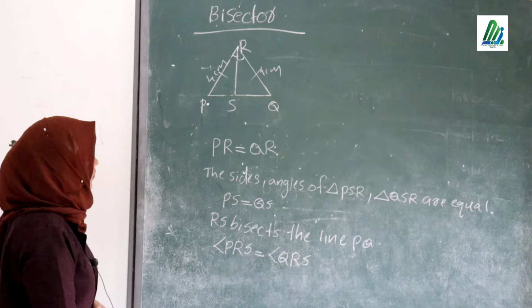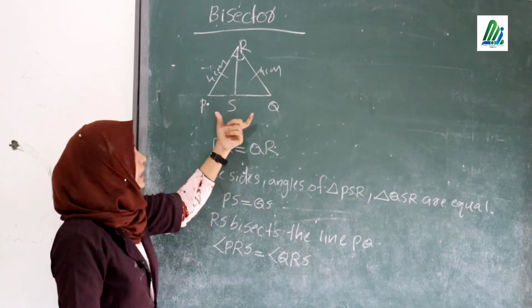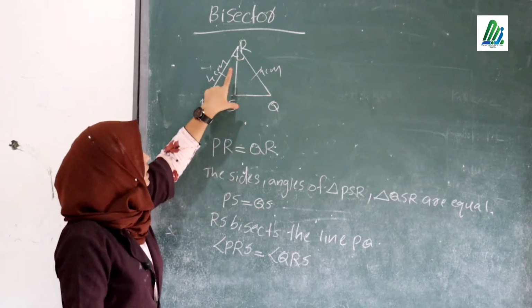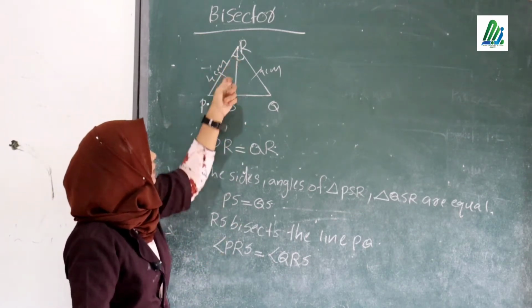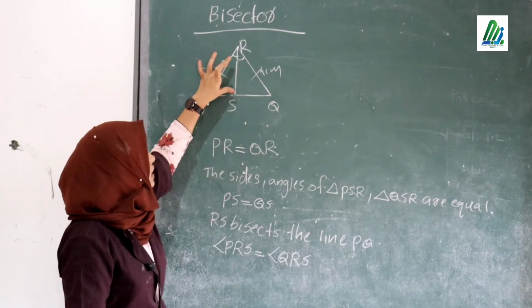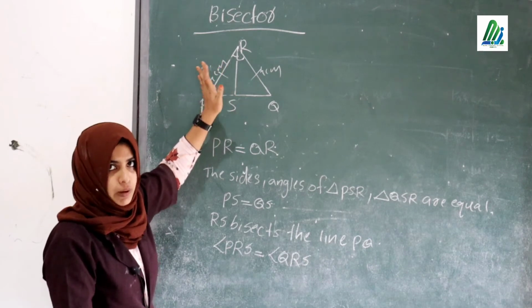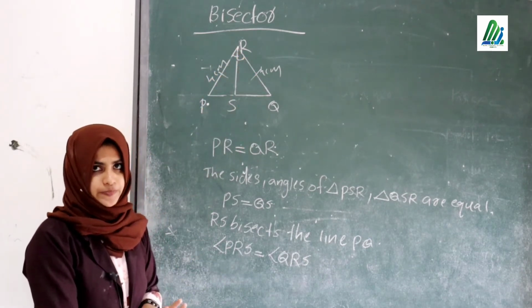These two angles are equal. So we can say that RS bisects the line PQ and also RS bisects the angle R, which means the angle PRS and the angle QRS are equal. So the line RS bisects the angle R and the side PQ equally.